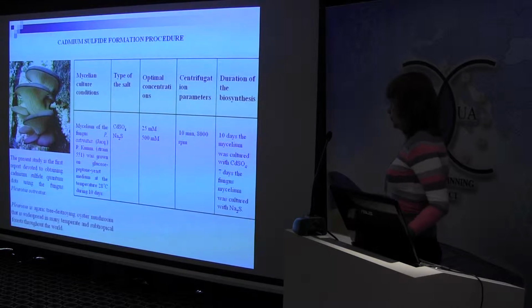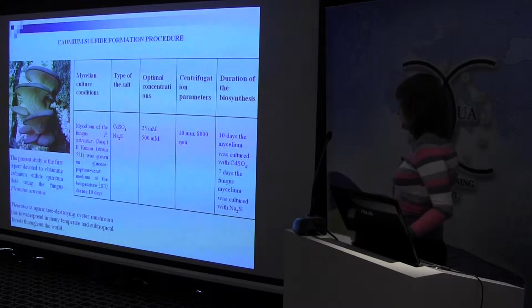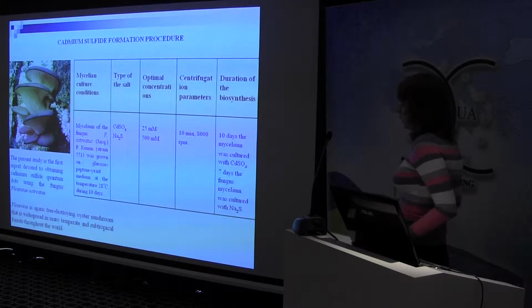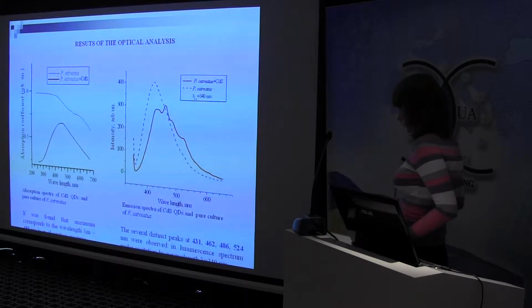The duration of the biosynthesis was 17 days: 10 days the mycelium was cultured with cadmium sulfate, and 7 days with sodium sulfide. Then the obtained solution was centrifuged and filtered, and the obtained sample was further investigated.